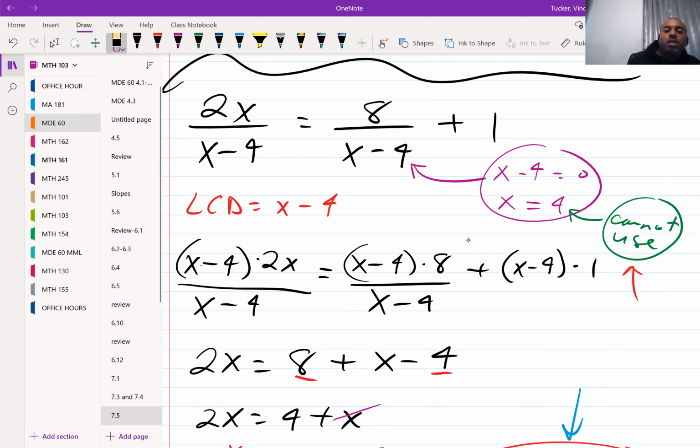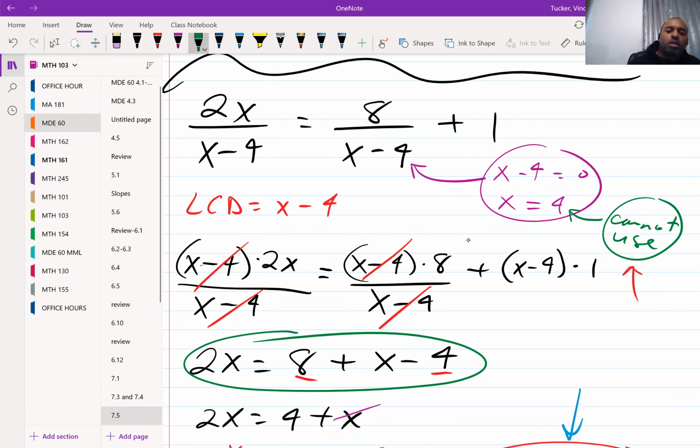All right. So cancel out the x minus 4. And that'll leave us with 2x equal to 8 plus x minus 4.